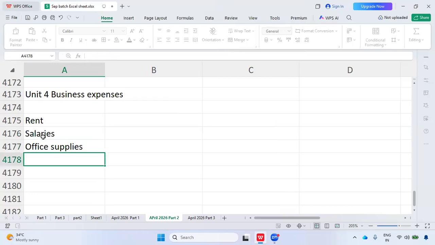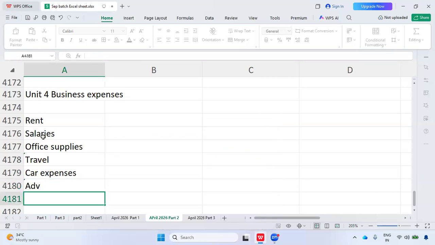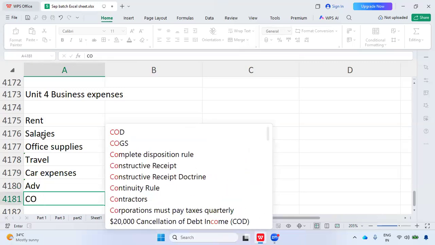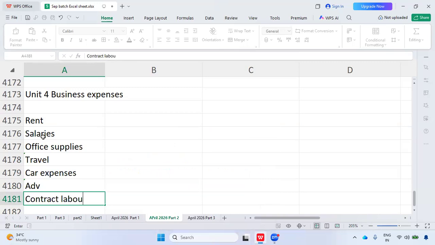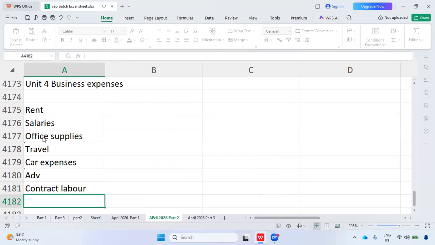And apart from these, travel, car related expenses, advertisement expenses, and contract labor expenses. So generally, these are a couple of the expenses a business will pay.